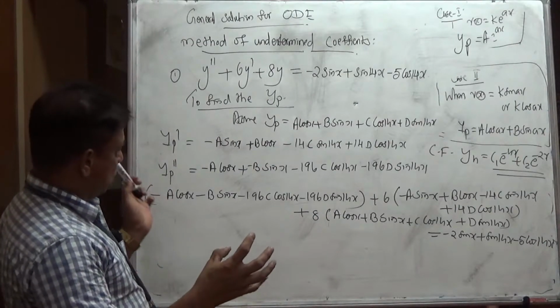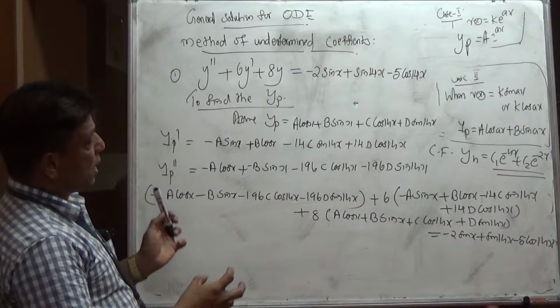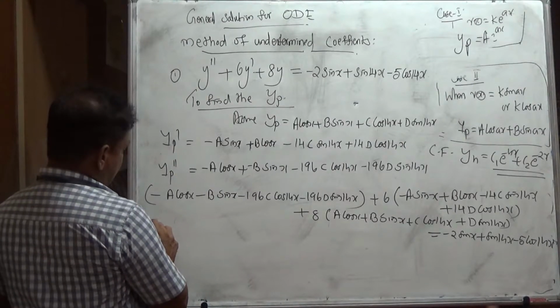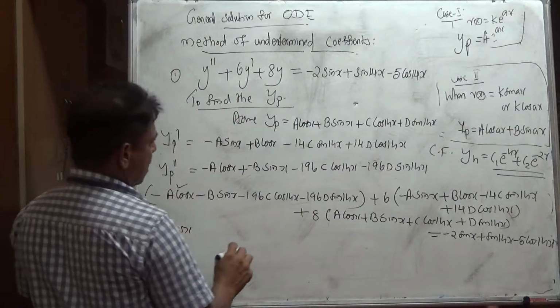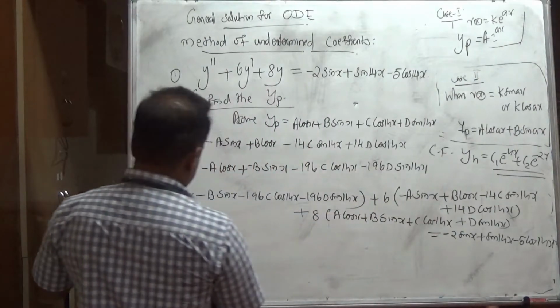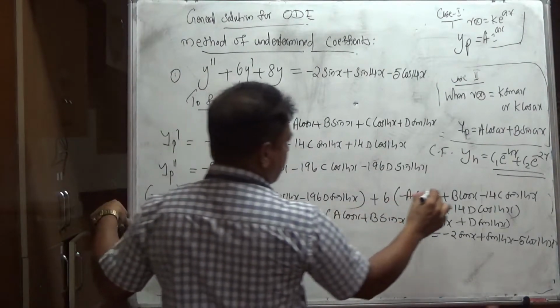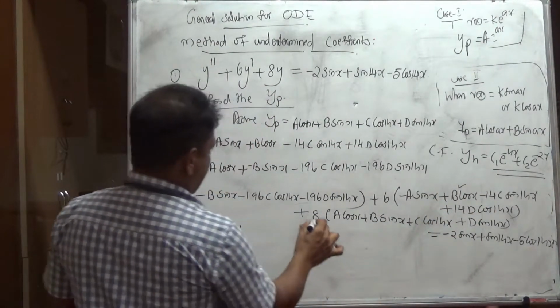Then we arrange the terms: cos x terms together, sin x terms together, cos 14x terms together and sin 14x terms together. Minus a cos x is the first term, then 6b cos x, then 8a cos x.